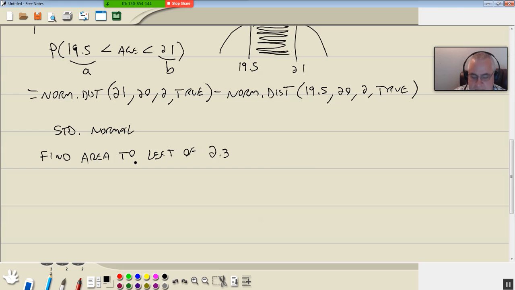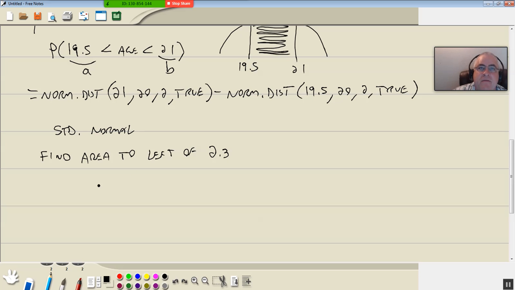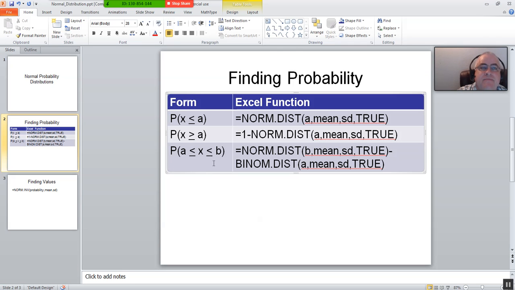Well, this is the first case. Since I'm talking about standard normal, they're giving us the z is equal to 2.3, and to the left is this right here. And that's their first case here.